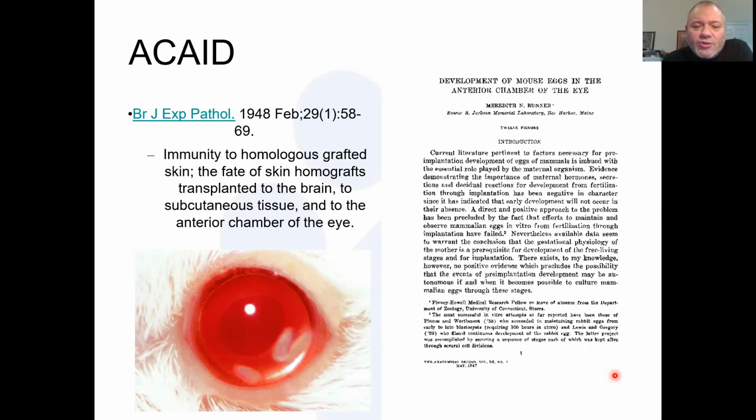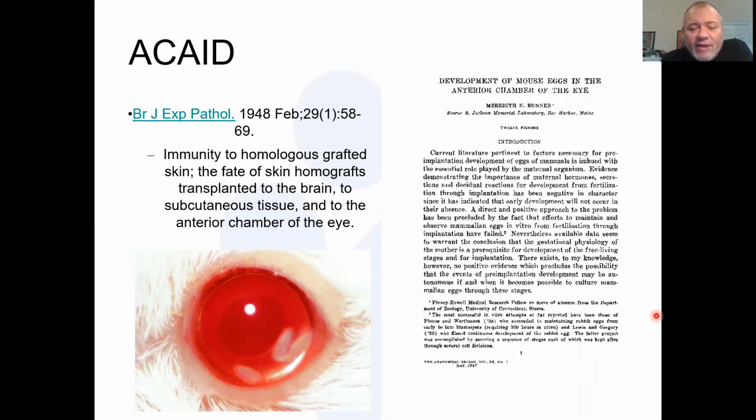Researchers were looking for ways to try and incubate these cells in an effective way, and they found that mouse eggs could be incubated inside the anterior chamber of the rabbit. So a different species, different cell type, inside the chamber of a rabbit would actually allow it to develop to a certain point.